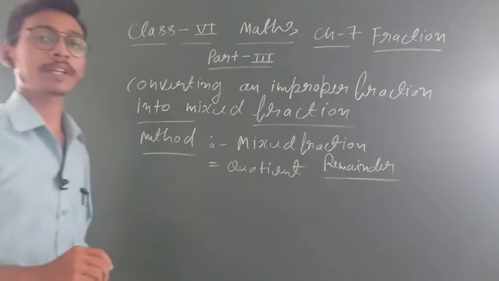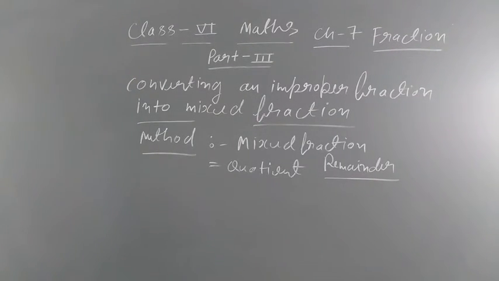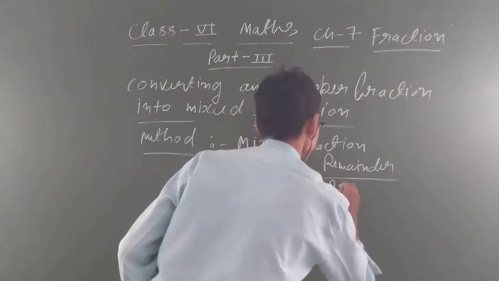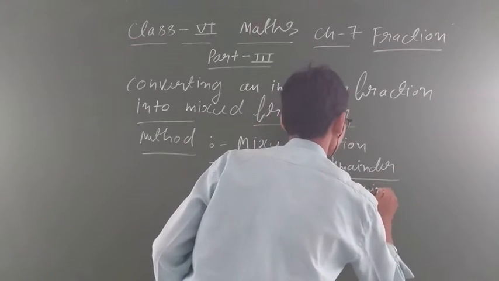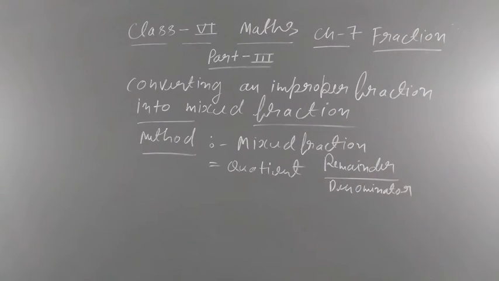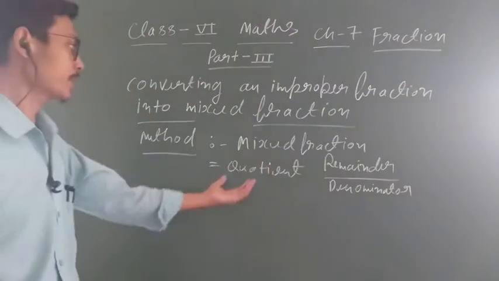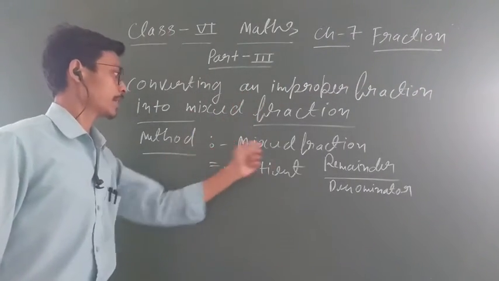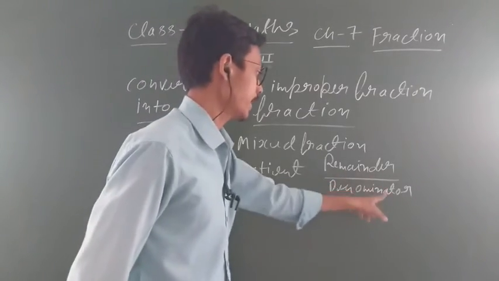So the formula is quotient, and remainder upon denominator. This is the basic thing: mixed fraction equals quotient, remainder and denominator.